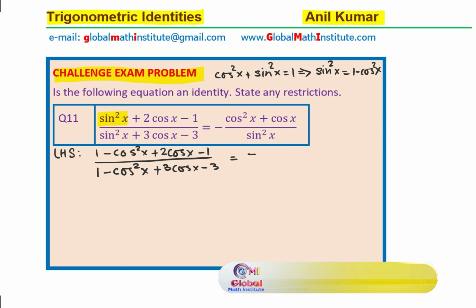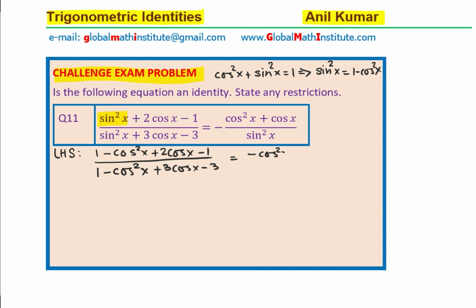So we have minus cos square x plus 2 cos x over 1 minus 3 gives me minus 2, right? So I could write this as minus 2 here. So we have minus cos square x plus 3 cos x minus 2.